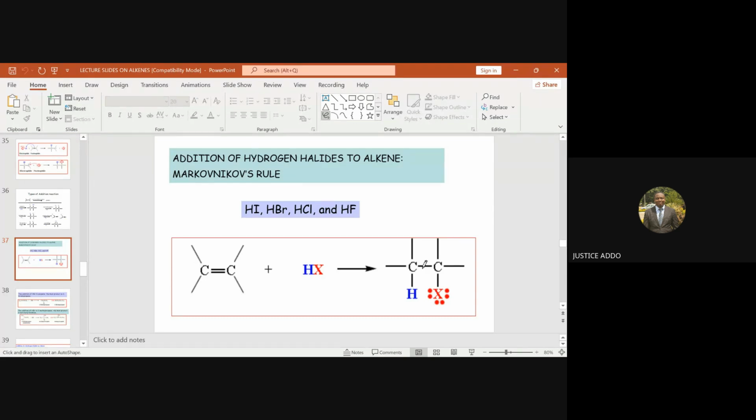You cannot add this fragment or this component and still maintain the double bond, because note that carbon should always have 4 bonds. So the double bond gets reduced, and then of the 2 carbons that are bearing the double bond, one of them picks on hydrogen, the other one picks on the halogen.